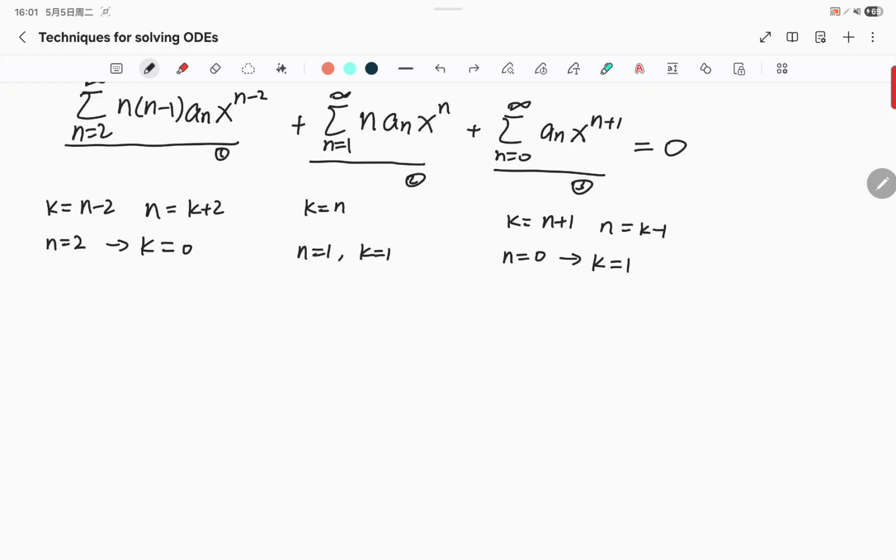Now we're going to replace all n by k. For the first series, we have n equals 2, so we say k equals 0, because n equals 2 is the same as k equals 0, up to infinity. When you see n, it is k plus 2, and then n minus 1 is k plus 2 minus 1, k plus 1.